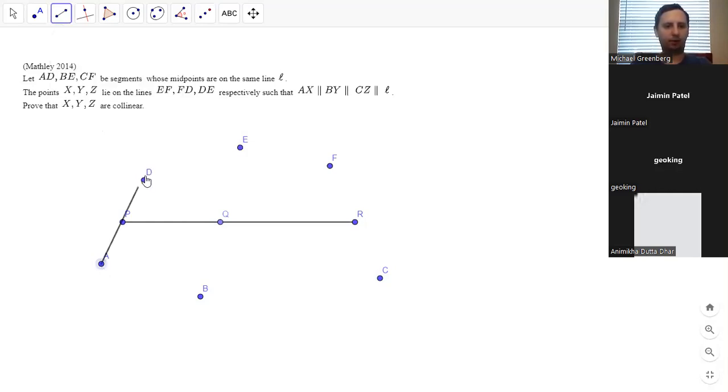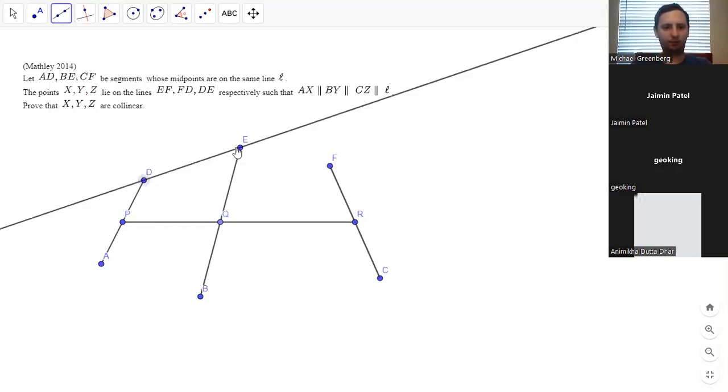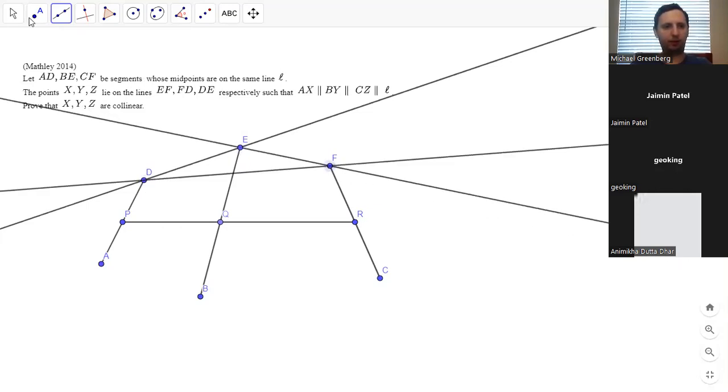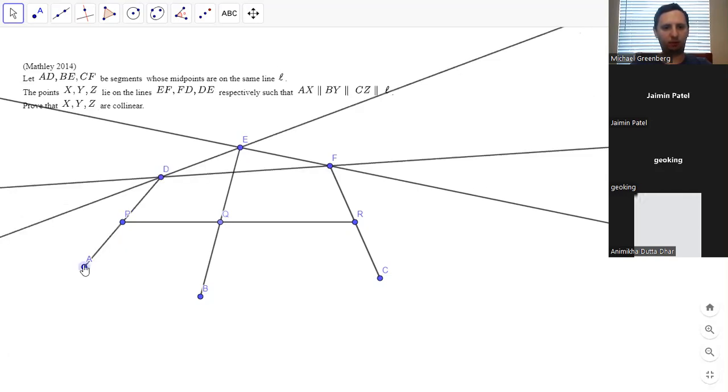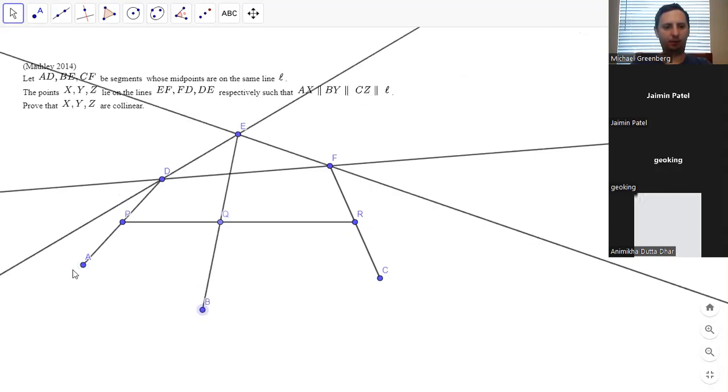So first I'm going to draw these segments, and then we want to draw the lines. Maybe I'll change this a little bit, so it's a little less of an obtuse triangle, maybe something like that.